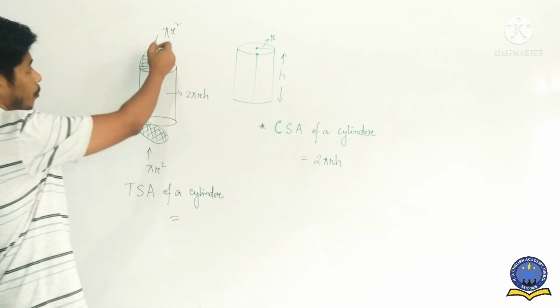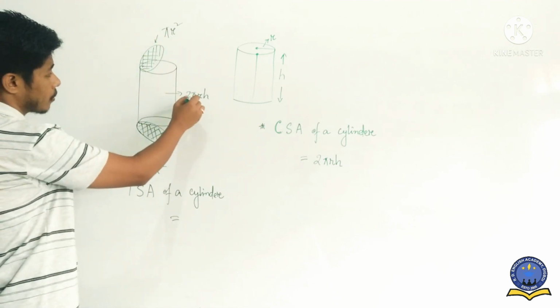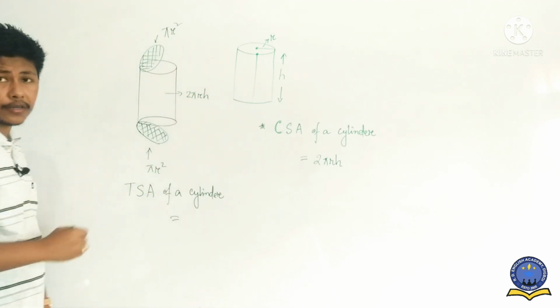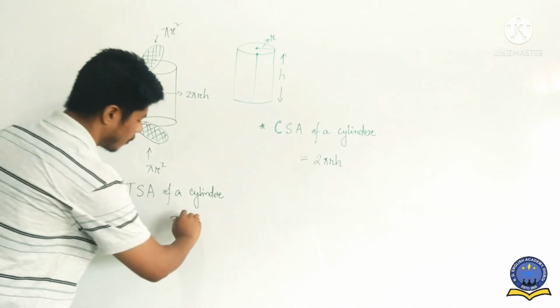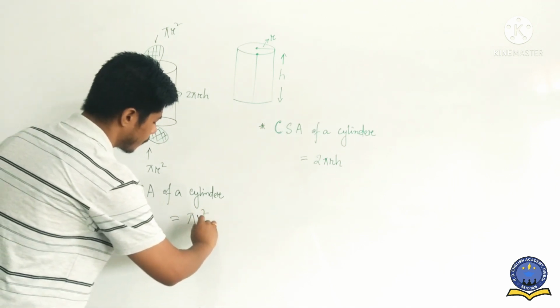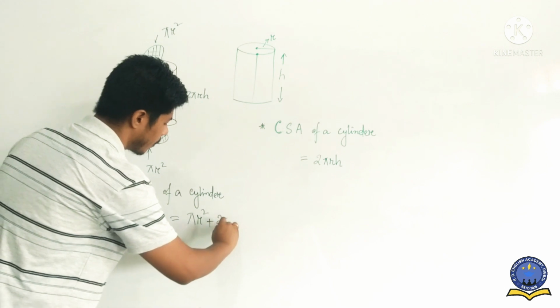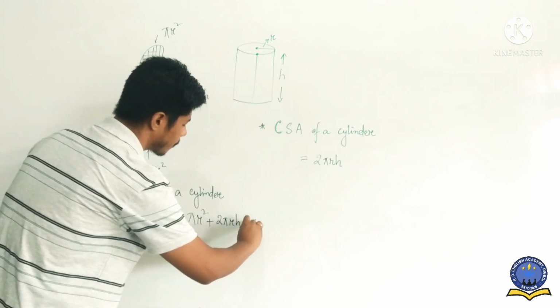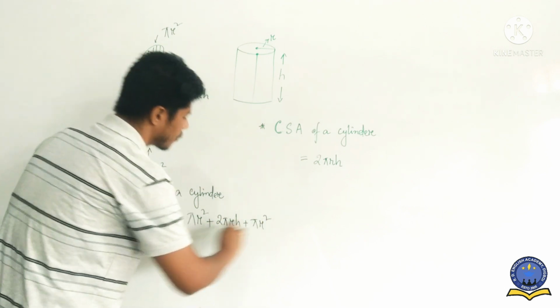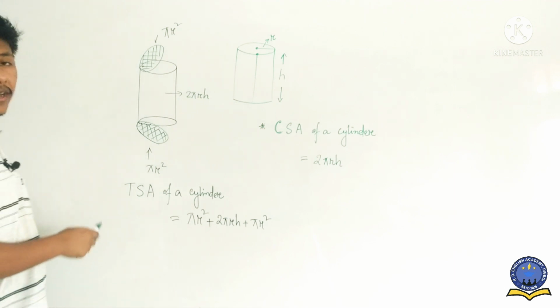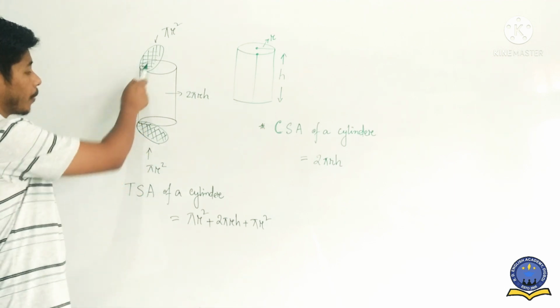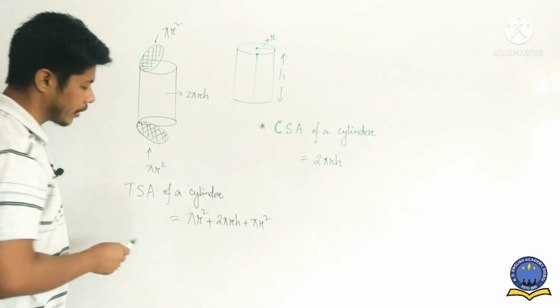The top part is pi r square, plus 2 pi r h, plus pi r square. Is it clear? This is the total surface area of a cylinder. Top and bottom both are closed in this case.